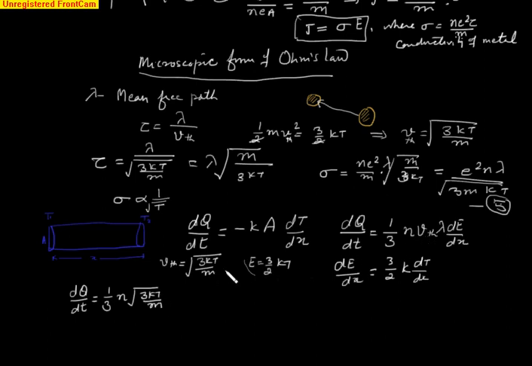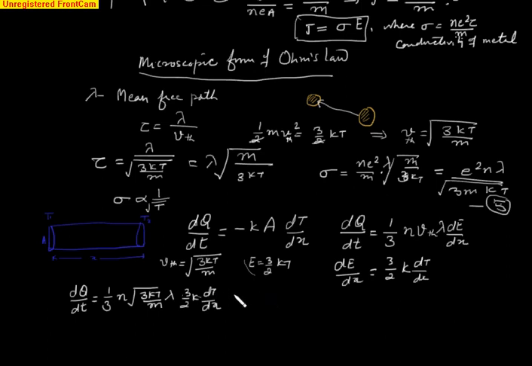This value I have substituted here, times lambda, into this energy gradient, which we can mention from here, that is 3 by 2 k times dT over dx.